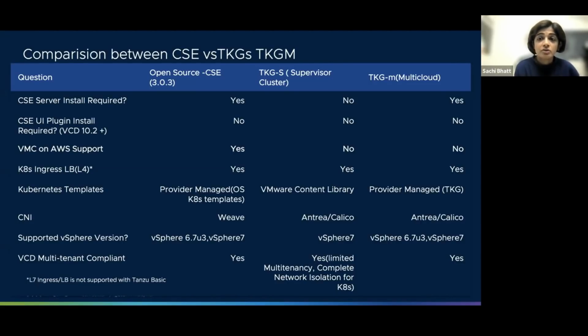For any of these, all you have to do is, through VMware Cloud Director, navigate to extensions and then enable the UI plugin from VMware Cloud Director directly. So we don't have to install the UI plugin at all now. But for CSE, like upstream Kubernetes support, we need the CSE server. Yes, for TKGM today, we will need the CSE server. That is correct, but not for TKGS.